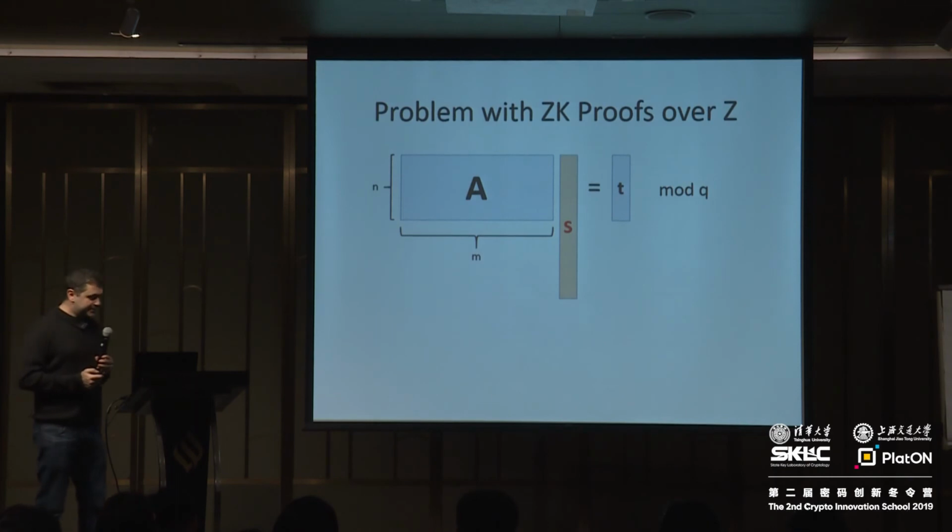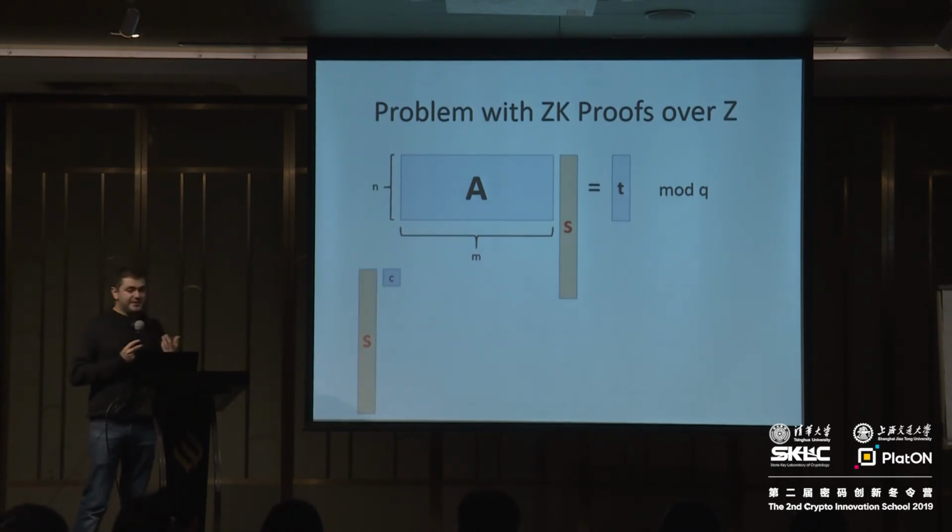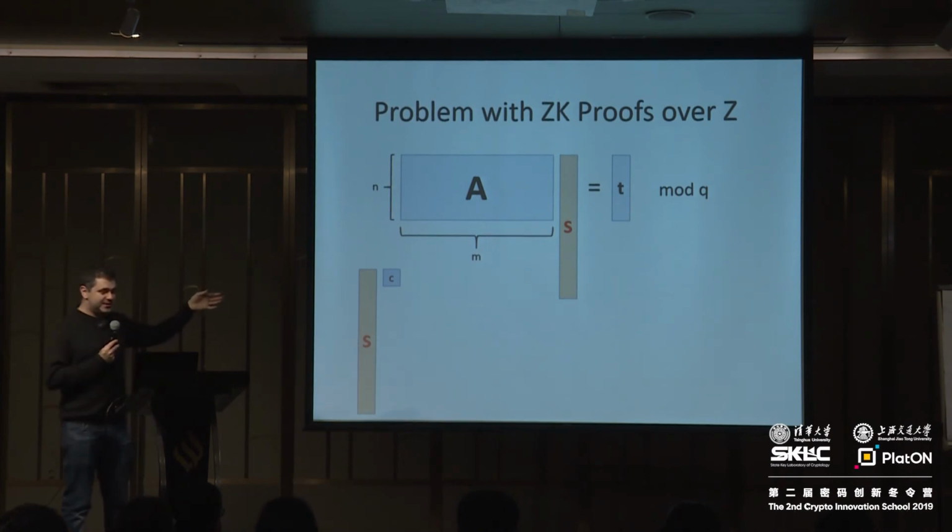The problem is that the challenge space was very small. And the reason it was very small was that at some point we were multiplying the vector s with the challenge c. So if the vector s is over the integers, the challenge c just must be an integer. Otherwise, you cannot really multiply, right? Multiplication doesn't work.